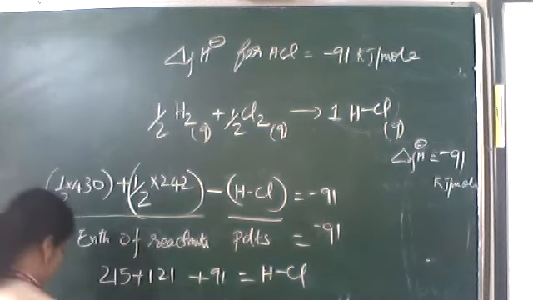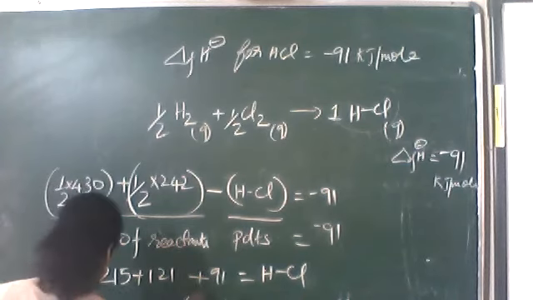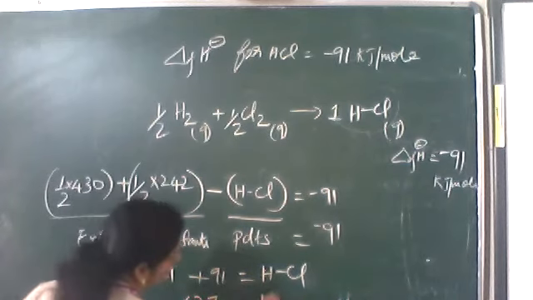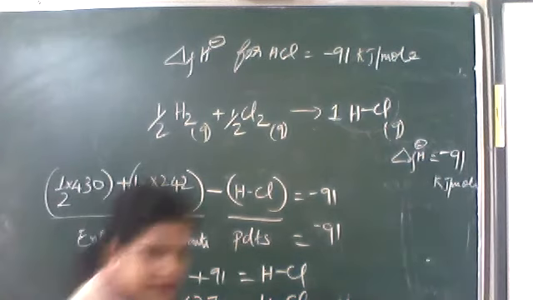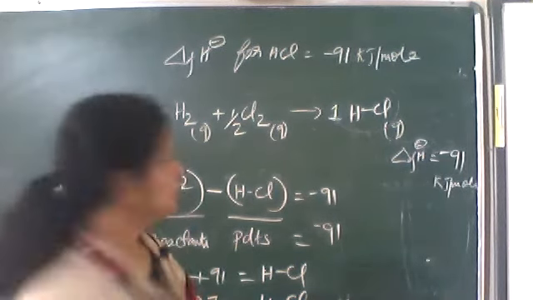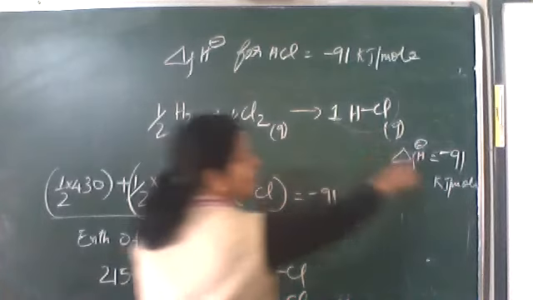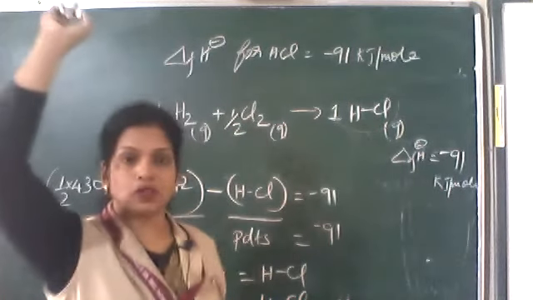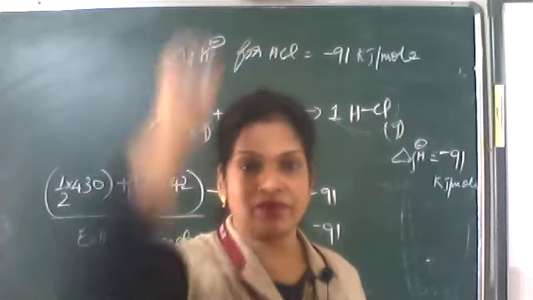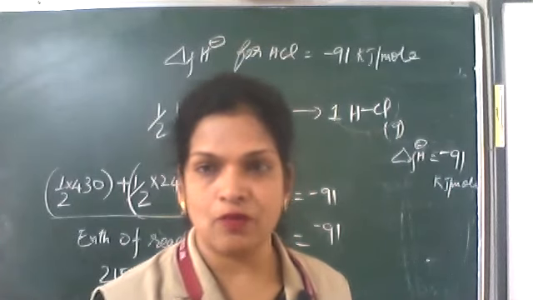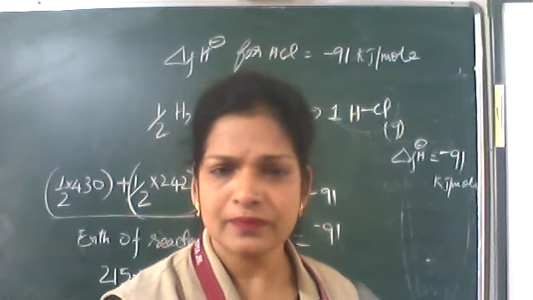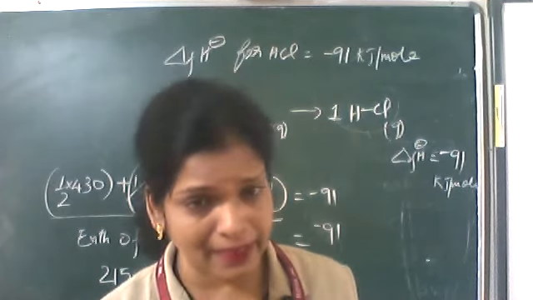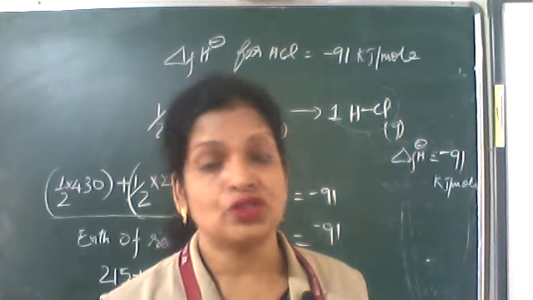So you can calculate it as 427 kilojoules per mole, which is the bond enthalpy of HCl. This equation we have written from the previous topics: the standard enthalpy of formation is when 1 mole of a substance is made from its constituent elements in their most stable state.